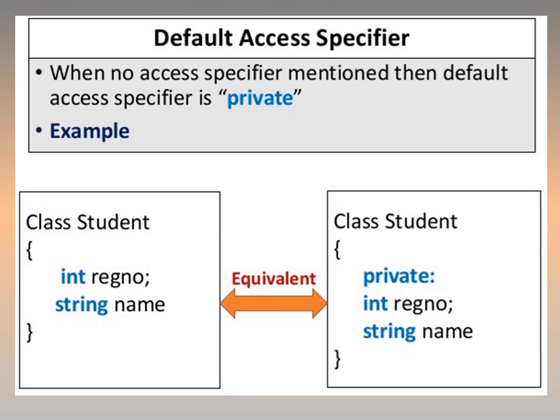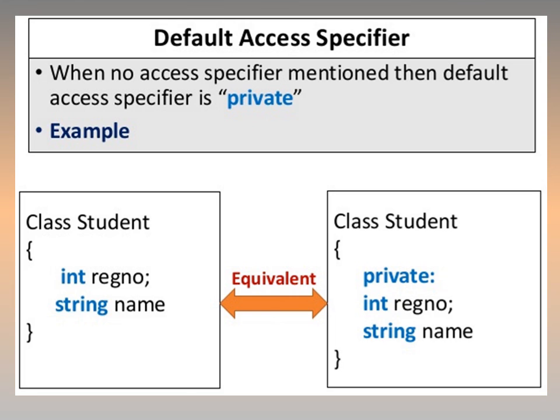Then what is the default access specifier? Default access specifier means when no access specifier is mentioned, then the default access specifier is private. Suppose you declare the class and you just write int ABC. At that time you are not writing private, public or protected, so it will by default be taken as private. Example, class student int register number string name.